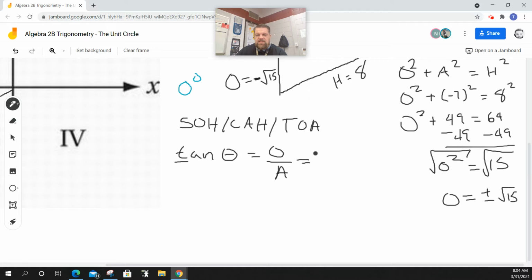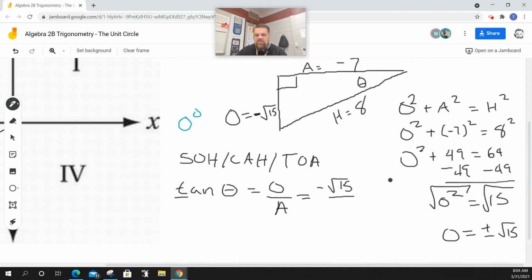The opposite is negative root 15 over the adjacent, which is negative 7. Now the negatives will cancel out, so I get the square root of 15 all over 7. And that's it on that one.